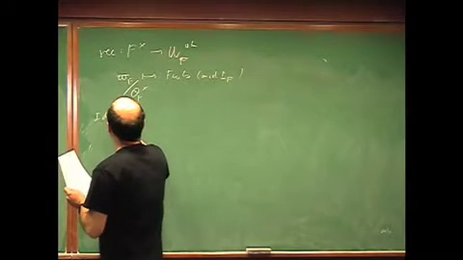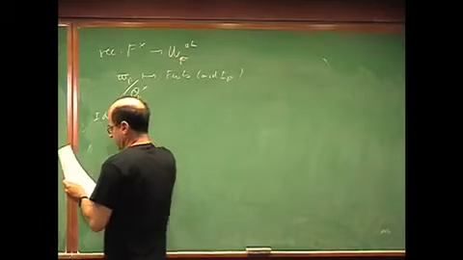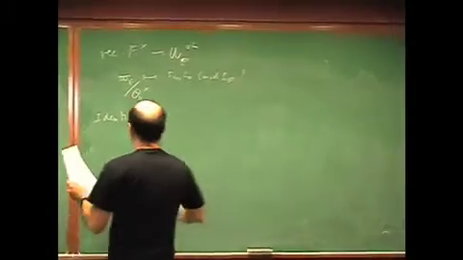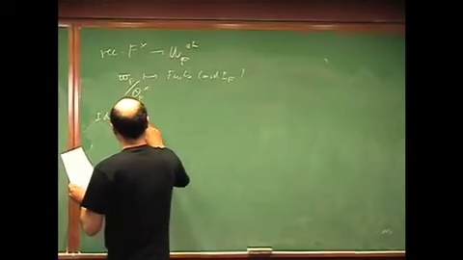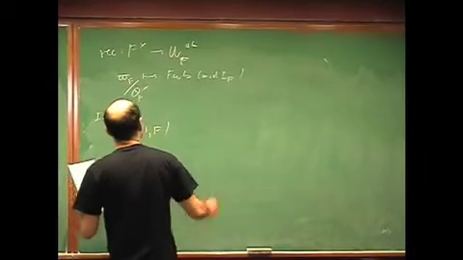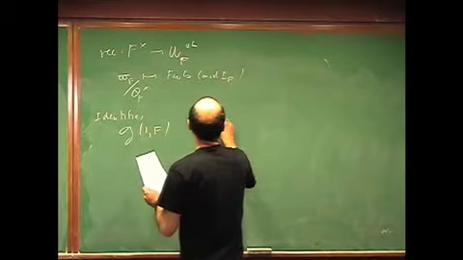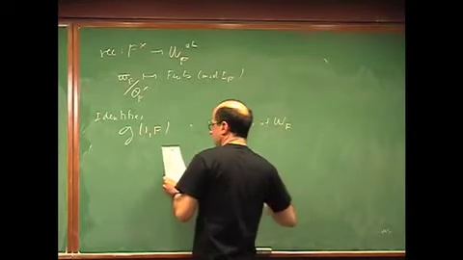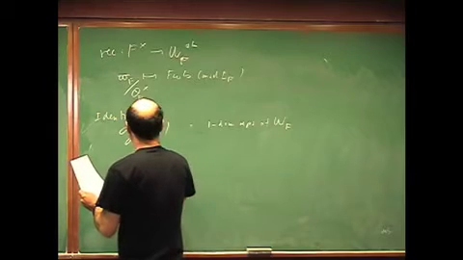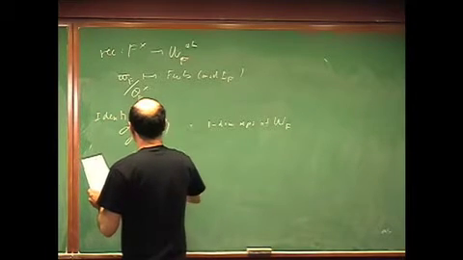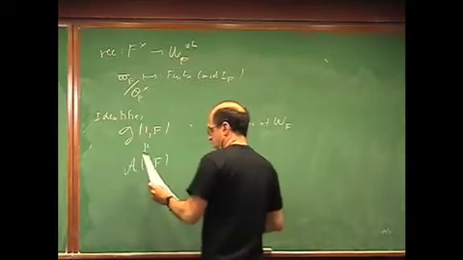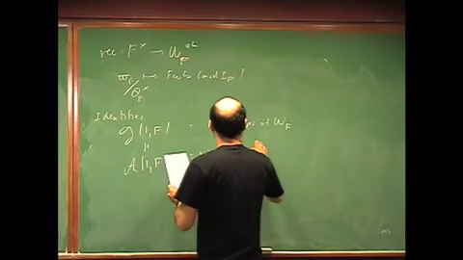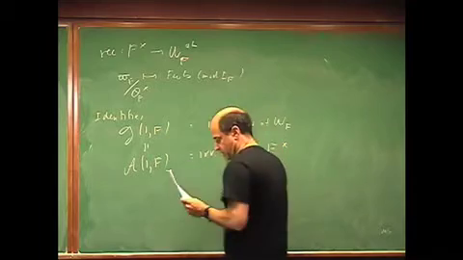And this identifies G1 of F, the one-dimensional representations of the Weil group, with A1 of F, the irreducible representations of F star.